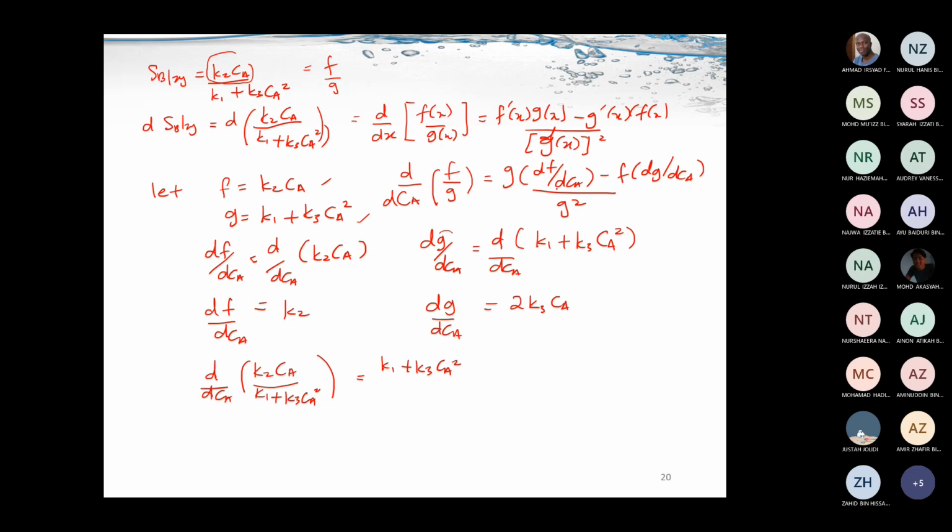What is DF over DCA? It is this one, so multiplied by K2. Then minus. What is F? The ones in brackets are multiplied. F is this one, K2CA multiplied by DG over DCA, which is the one you differentiated, multiplied by 2 K3CA, over G squared. What is G squared? It is this one, K1 plus K3CA, squared.